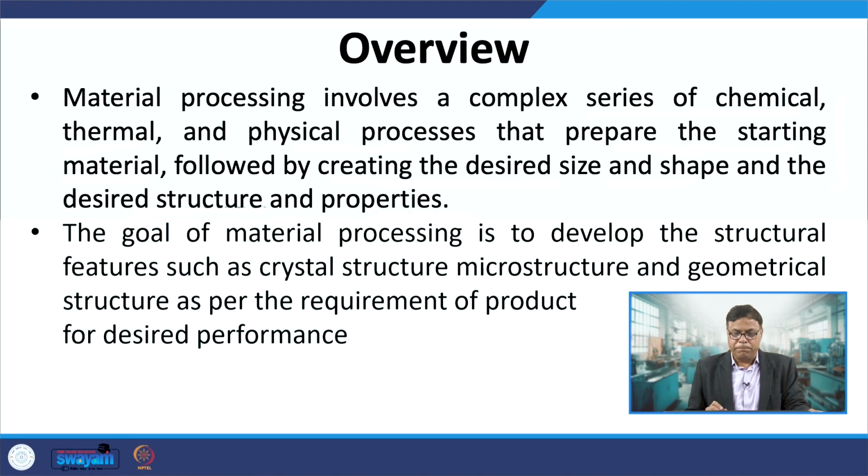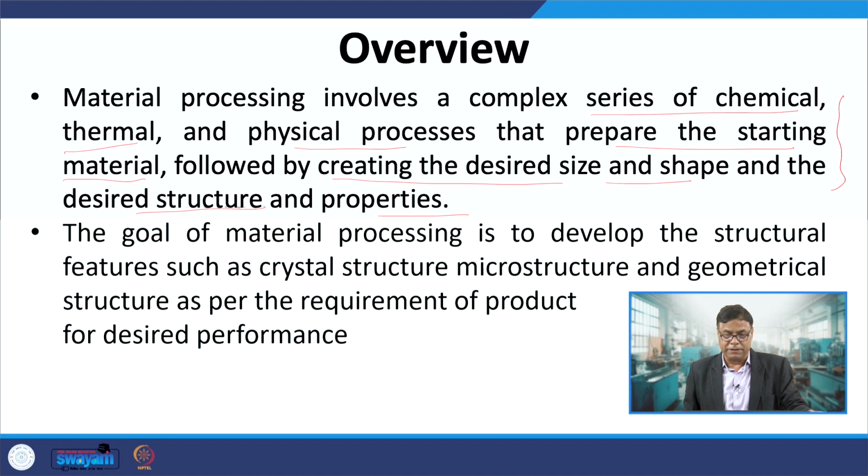Material processing involves a complex series of chemical, thermal and physical processes that help in preparing the starting material, followed by creating the product of desired size and shape coupled with the desired properties and structure. So, this is what is done basically in material processing.